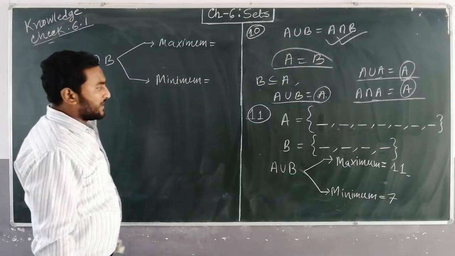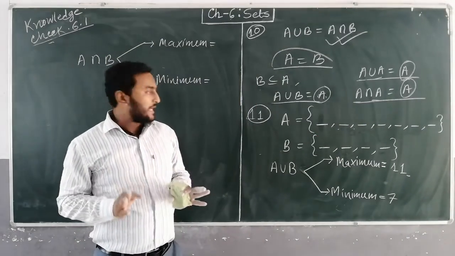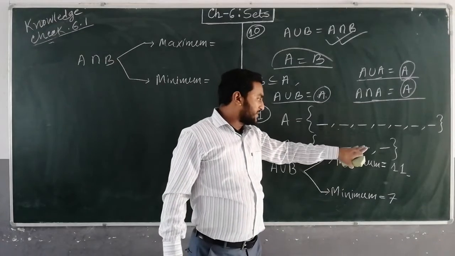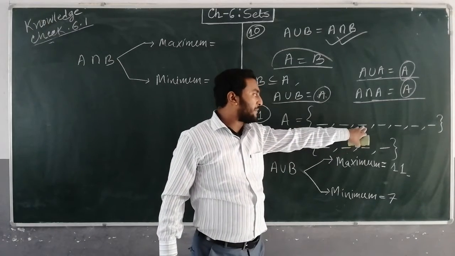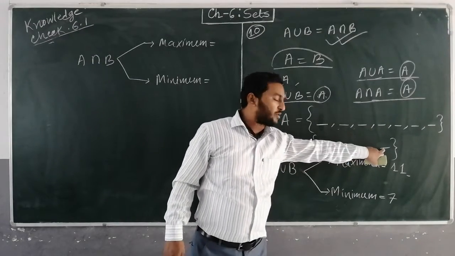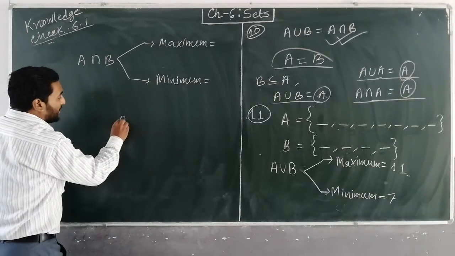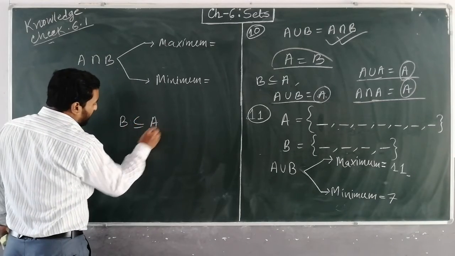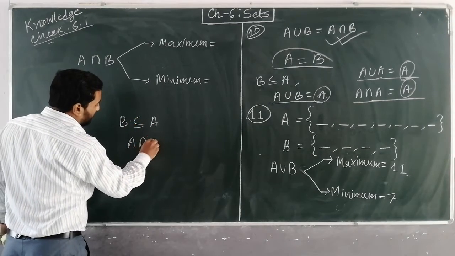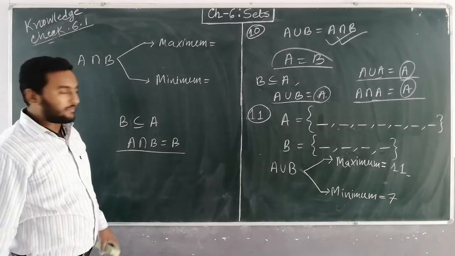Suppose all these 4 elements are common in A. That is the condition that B is a subset of A, and then A intersection B equals B, which you did in question number 7.